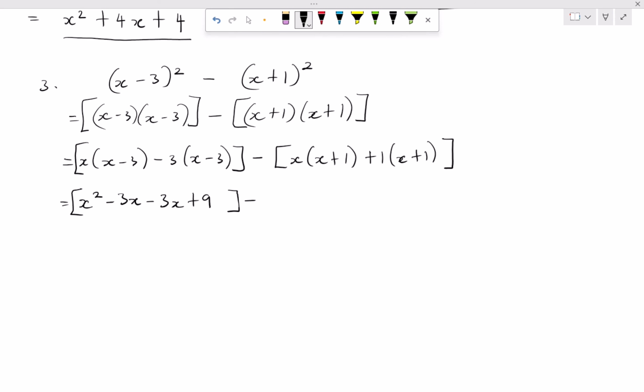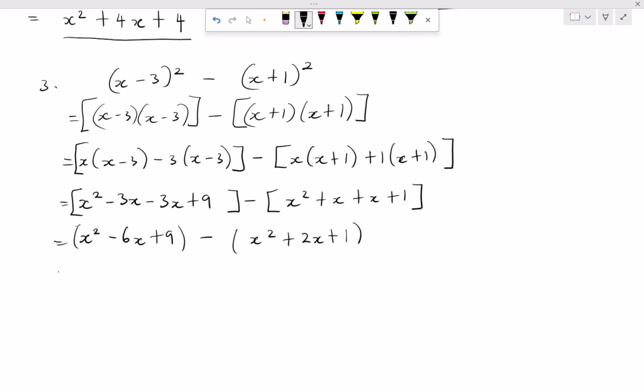And we're subtracting, expanding this becomes x squared plus x plus x plus 1. All right, now grouping like terms, we have x squared minus 6x plus 9, subtracting x squared plus 2x plus 1.